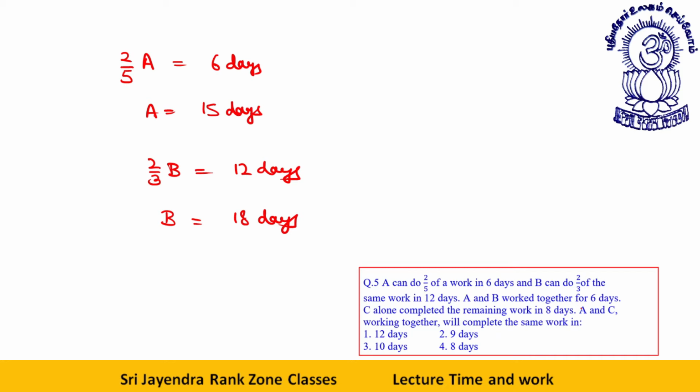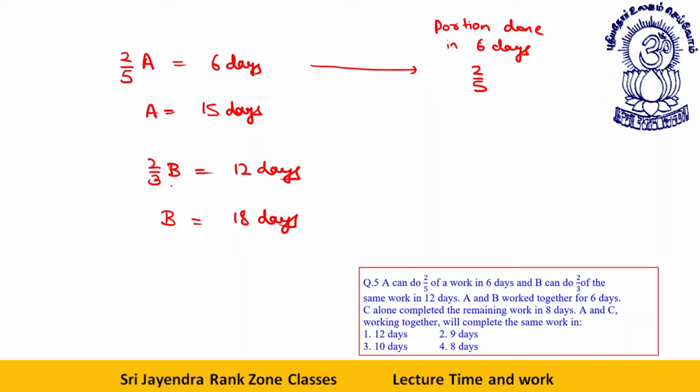Now A and B work together for 6 days. See, 6 days finding is very easy. Portion done by A: in 6 days, A will do 2/5.